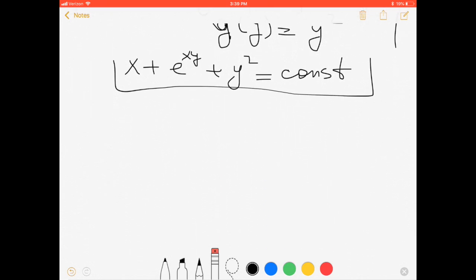Now we talk a little bit about homogeneous equations and non-homogeneous equations. Okay, first, homogeneous equation.